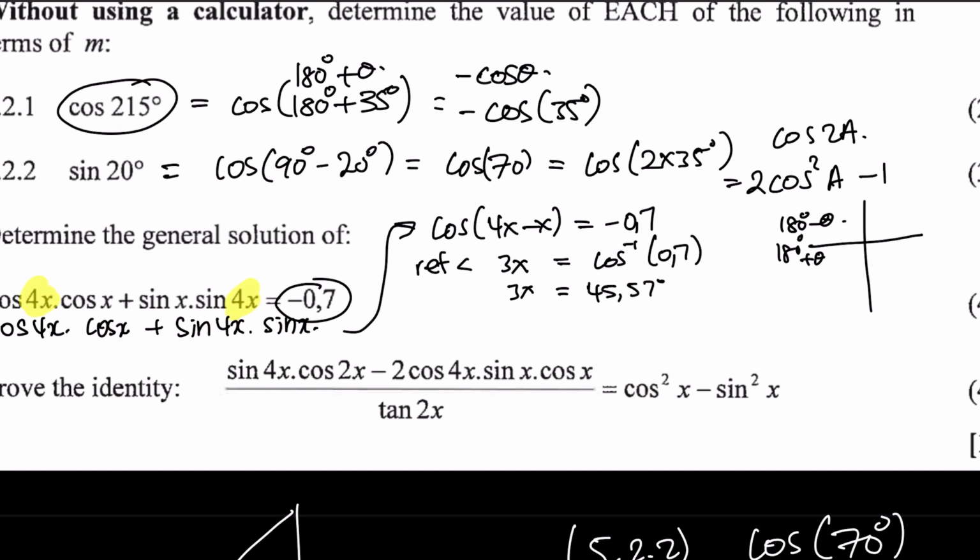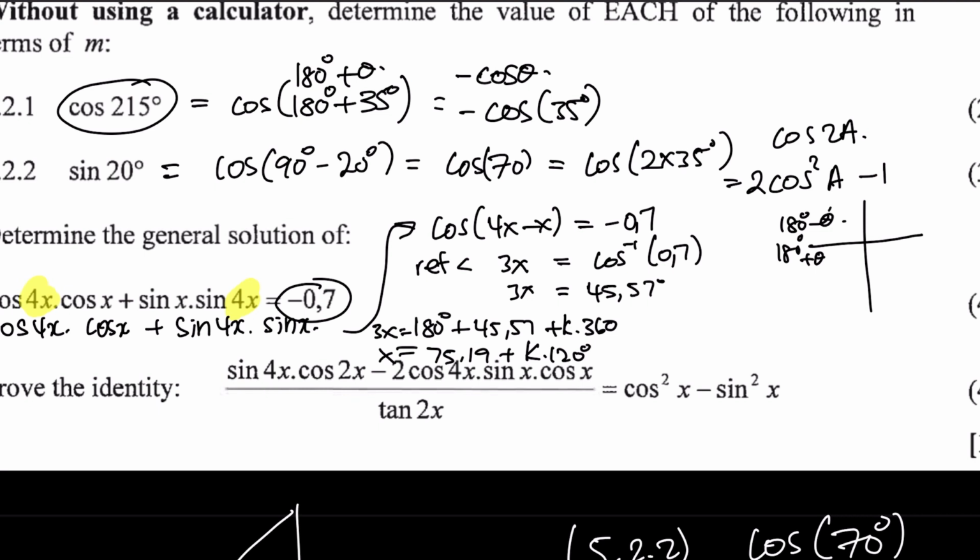So we'll say 3x is equal to 180 plus 45.57 plus k360. Let's simplify for x now. Divide everything by 3 and you're going to get x equal to 75.19 plus k times 120.